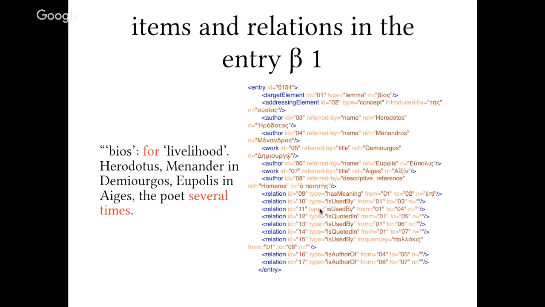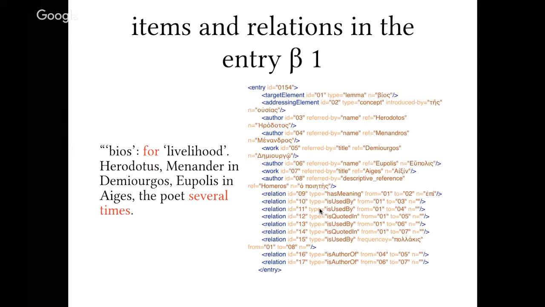Addressing elements can be of various types, and in this case, we have a concept which is introduced by an article and reads ousias. Ousias is the word livelihood that we find here. What follows are the authors and the works that we see here, with some attempt to normalize and lemmatize and make the references unambiguous.